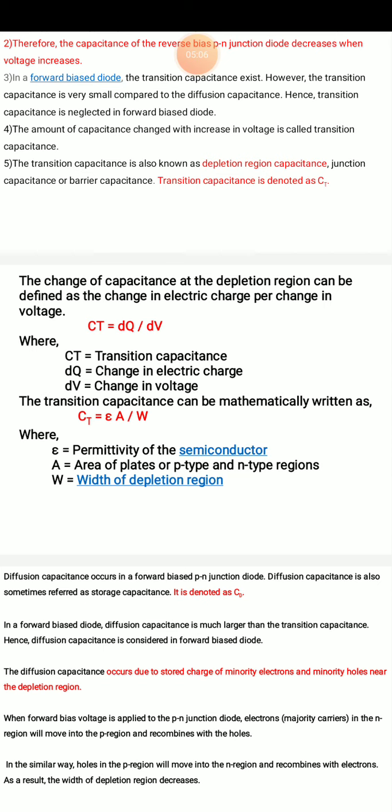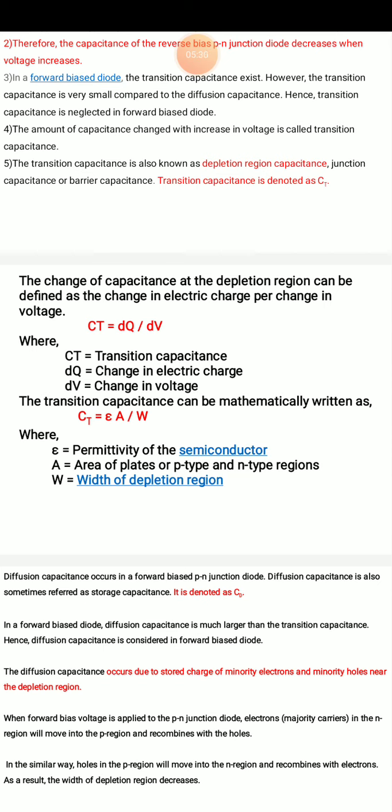Here dq is the change in electric charge, which occurs because of the depletion region, and dv is the change in voltage. So the transition capacitance can be found by dq by dv, the change in electric charge divided by the change in voltage.